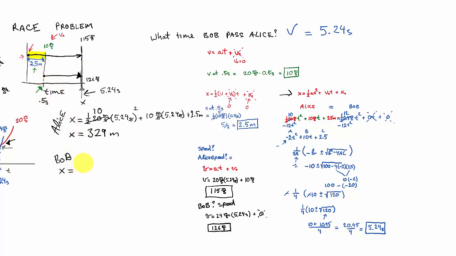So all you have to do is plug in 1/2 of his acceleration times the time it took squared plus 0, that's the velocity initial, plus 0 x initial.